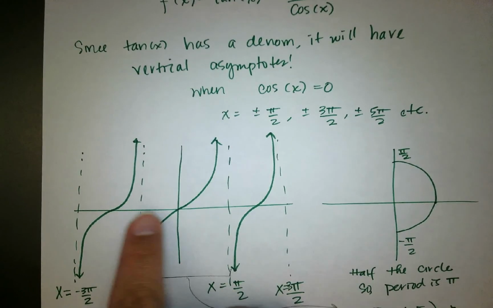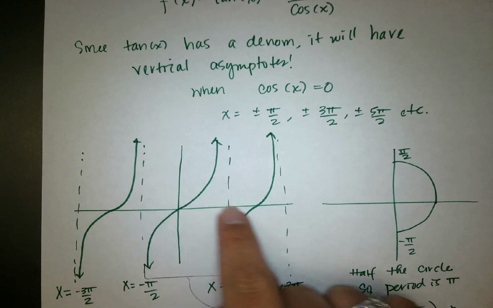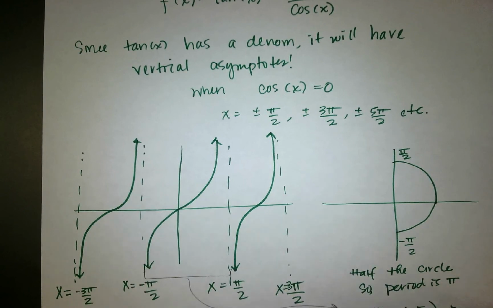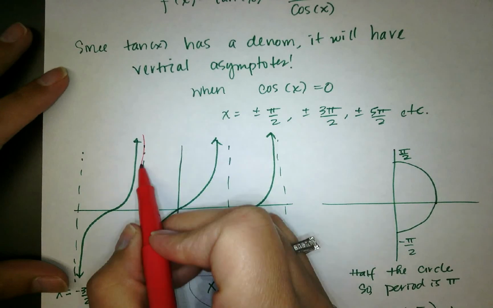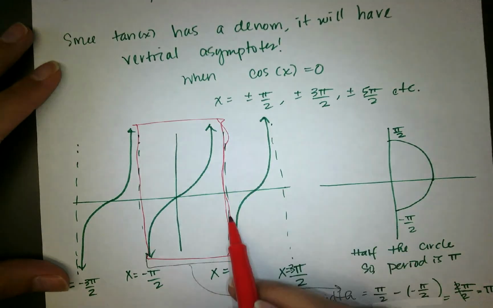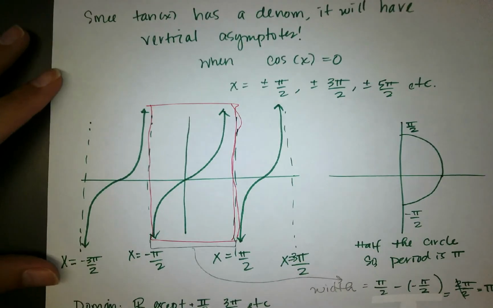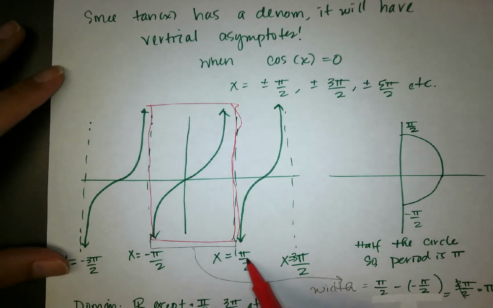Here's a tangent graph, and just like sine and cosine go on forever, so do your tangent graphs. They go on forever and ever. However, I'm only going to ask you for one cycle, just like with sine and cosine. So here is one cycle of a tangent graph. Our vertical asymptotes: where does tangent have bad numbers? That's at pi over 2.